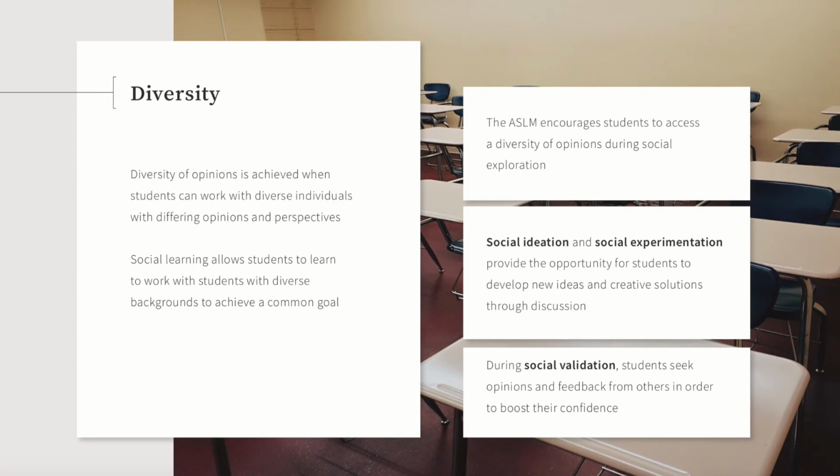Each student in the network contributes to the learning objective by sharing their ideas and unique interpretations. During social validation, students seek opinions and feedback from others. Students in social networks learn about and accept differing opinions and perspectives when using the ASLM strategies.